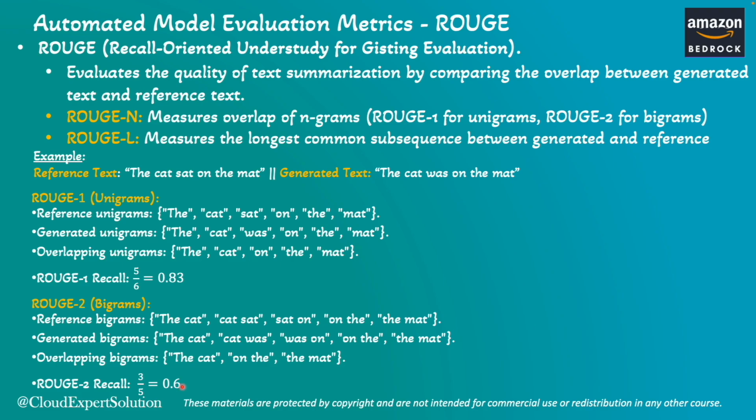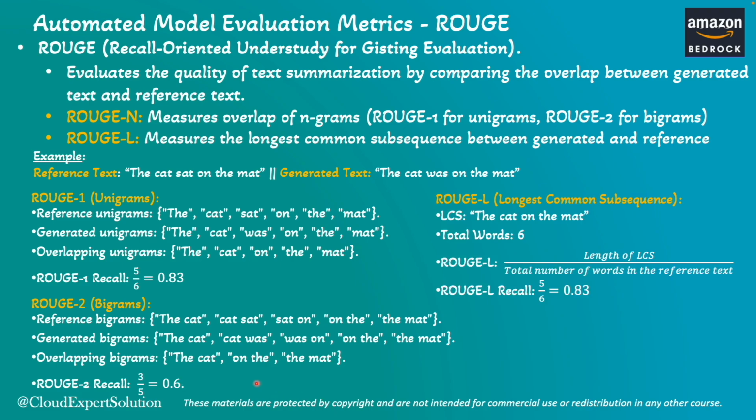Now let's understand an example of ROUGE-L. ROUGE-L is the longest common subsequence. A subsequence is a sequence that appears in the same order, but not necessarily continuously.